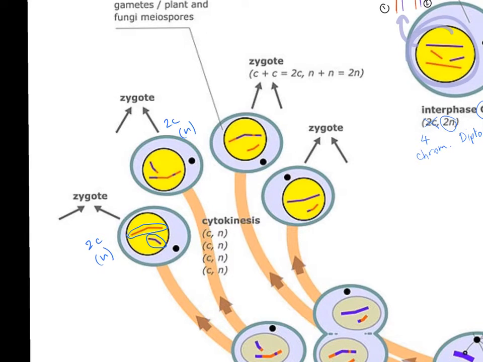Imagine these are sperm, and you get an egg that has something that looks like this.